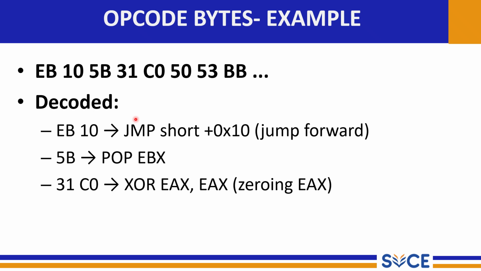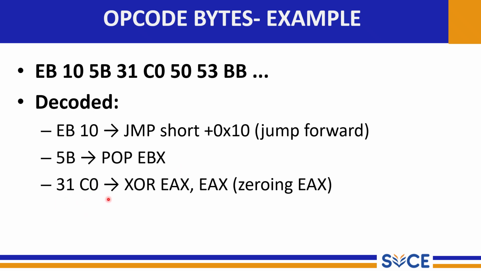So these are EB10, 5B, 31C0, 50, 53, BB, all these hex terms. When decoding EB10, it is a short jump plus 0x10, that is, a jump forward. And 5B here represents pop EBX.